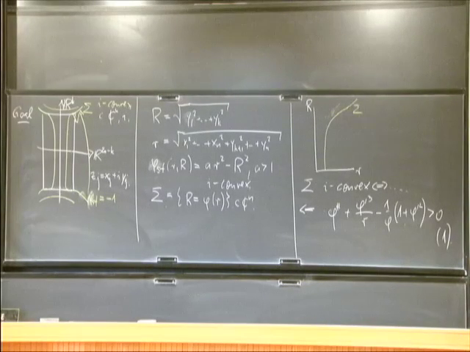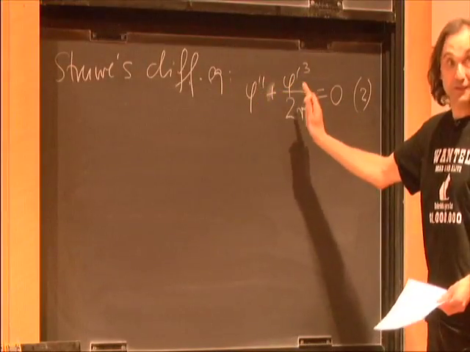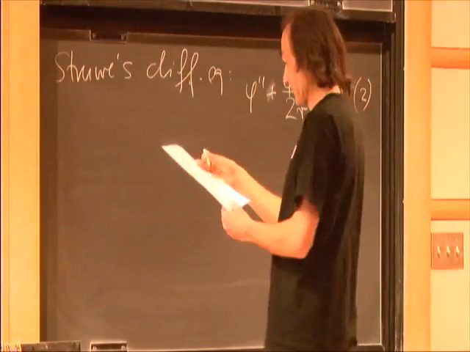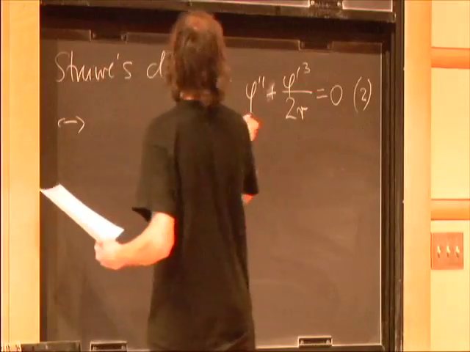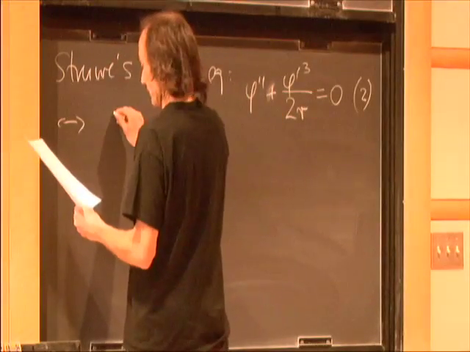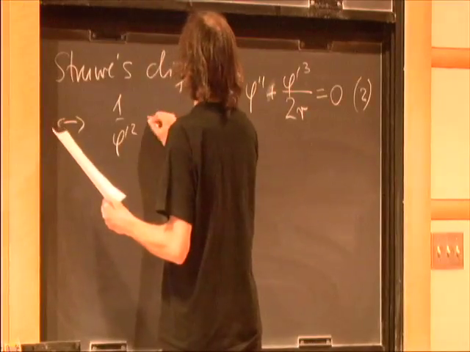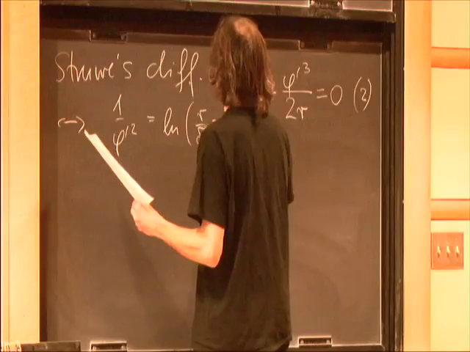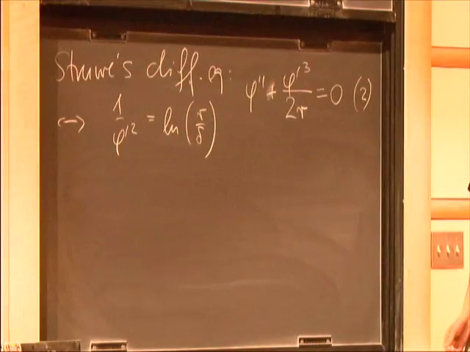Okay. So now you see this is just a first order differential equation in the derivative. So you can actually integrate it. Yeah. So let me just do it. This is equivalent, if I integrate it once, to saying that 1 over phi prime square is equal to the logarithm of r over delta, where delta is some integration constant.